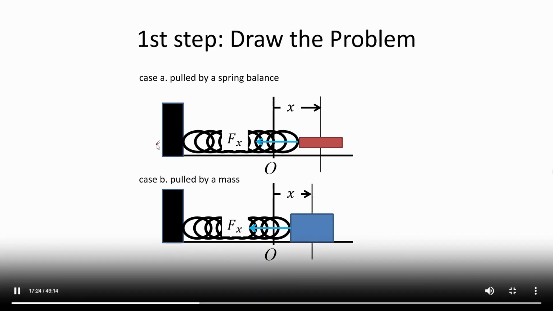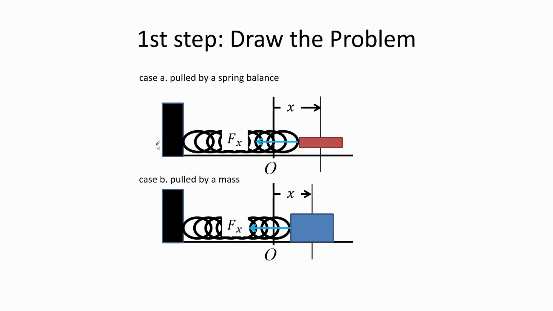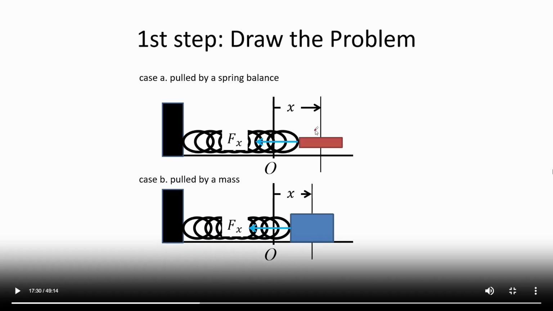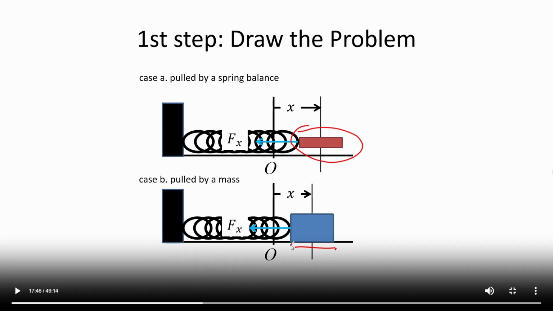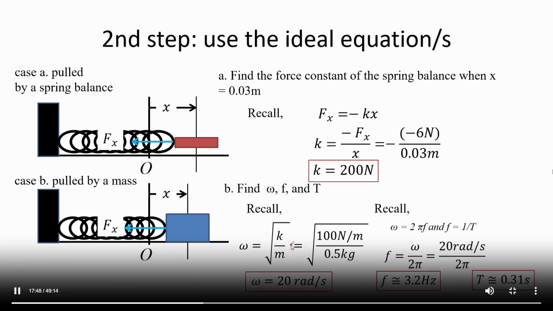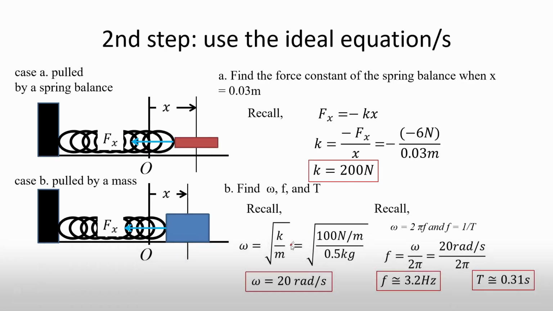So first step, we draw the problem. So we pull it by a spring balance, let's say this one, and case B, pulled by a mass, this one here. So they have Fx as a restoring force. Okay. The letter A, find the force constant of the spring balance when x is equal to 0.03.